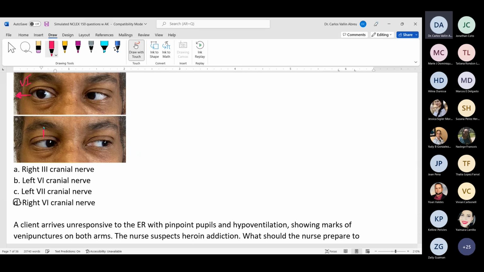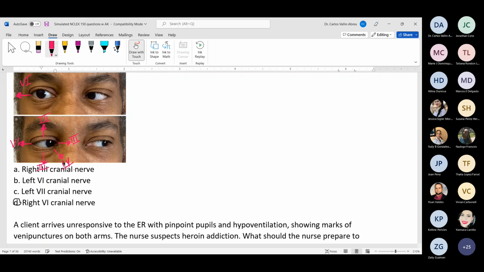You have a muscle that moves the eyeball upward, another that moves the eyeball downward, a muscle that moves the eyeball inward, a muscle that moves it outward, and a muscle that moves the eyeball to see the tip of your nose. These are innervated by the third, these by the sixth, and these by the fourth, the trochlear.